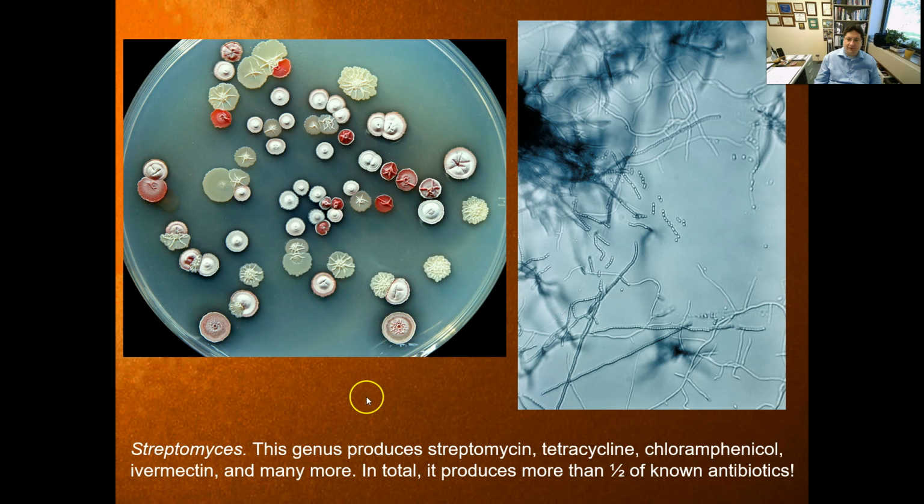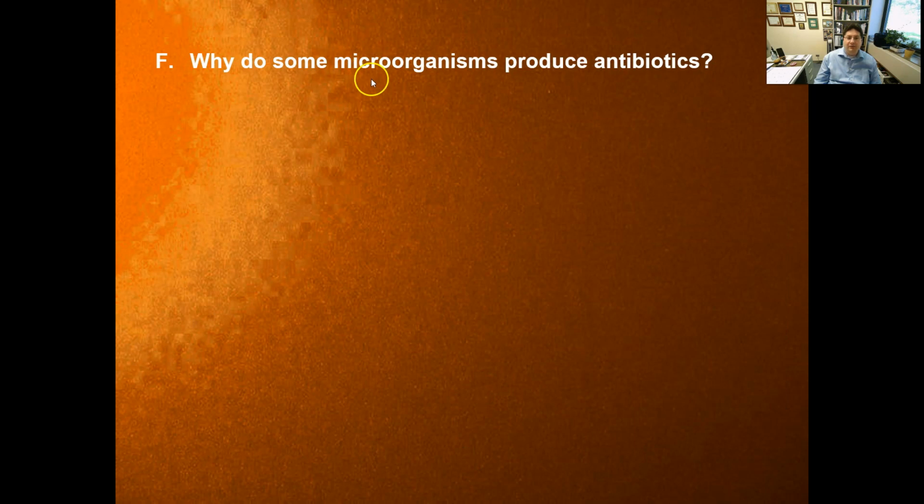This genus, for example, produces streptomycin, tetracycline, chloramphenicol, ivermectin, and many more. More than half of all known antibiotics are naturally produced and come ultimately from this genus, these different species in that genus of bacteria.